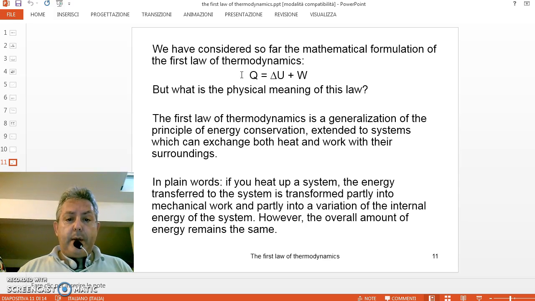There's the first part, right here, delta U. That means that part of the initial energy has been used to increase the temperature of the system, and consequently its internal energy, and part of the initial energy has been used by the system to do some mechanical work.